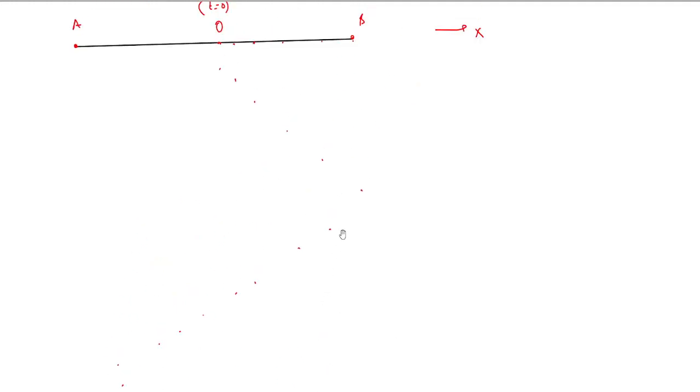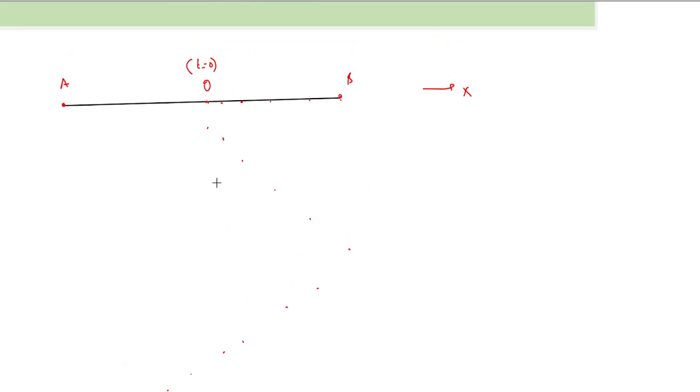If we join these points, what we get is a sine curve. So the oscillatory motion of the particle in this case is a sine curve, and this is an example of simple harmonic motion.